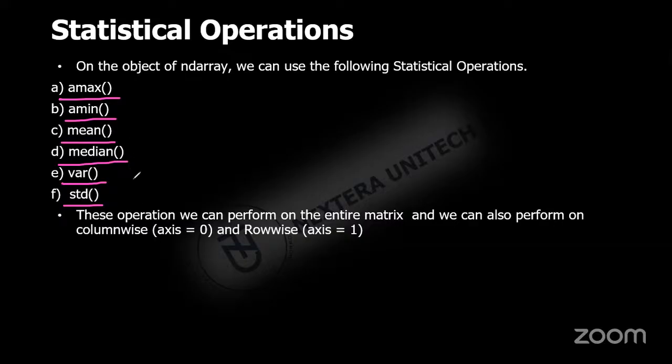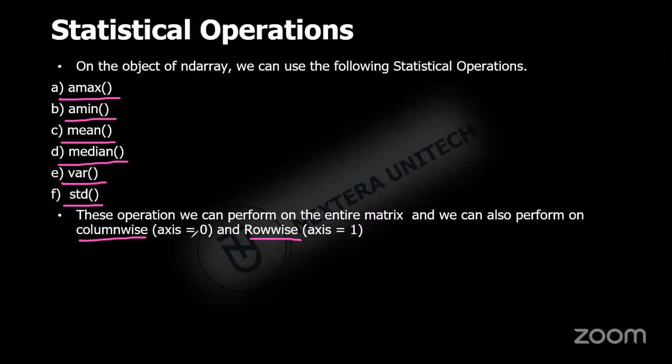Then these statistical operations that we are going to perform on the n-dimensional array objects, we can also perform separately, column wise as well as row wise. How?